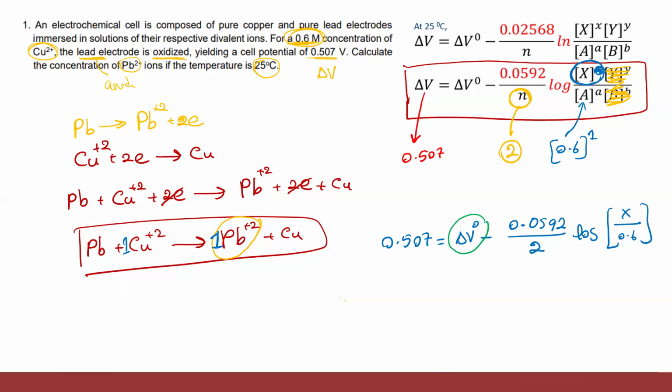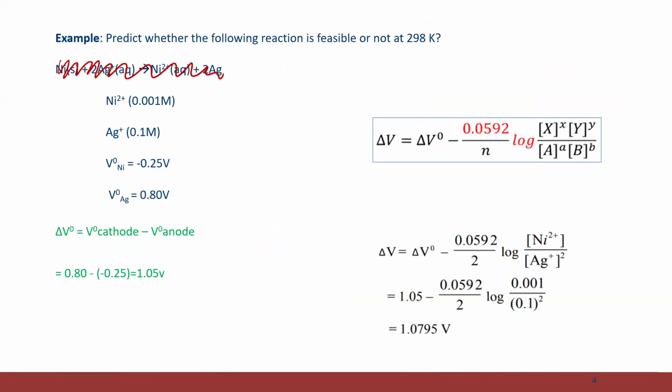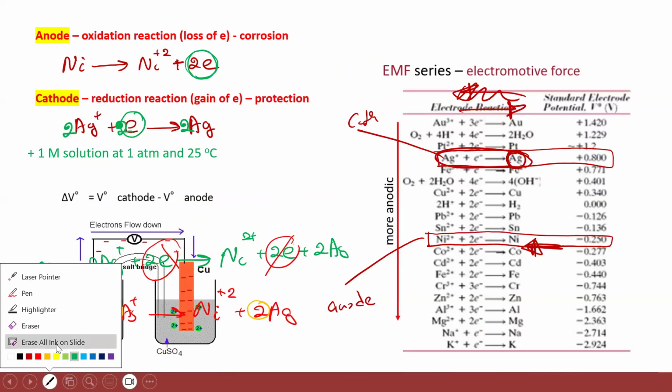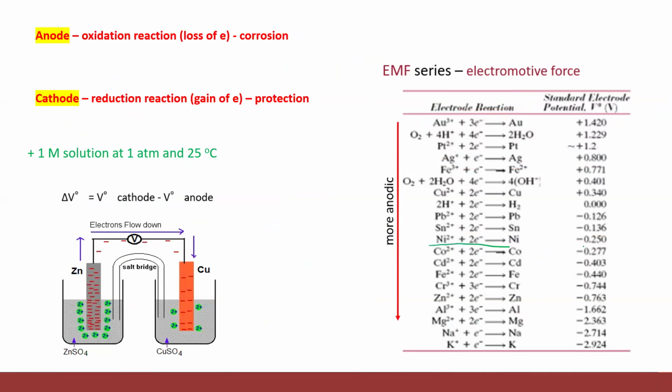Can't we find this by looking at the EMF series? We can find it, right? So let's find it for copper and lead. If you go here, copper is this, and lead is this.